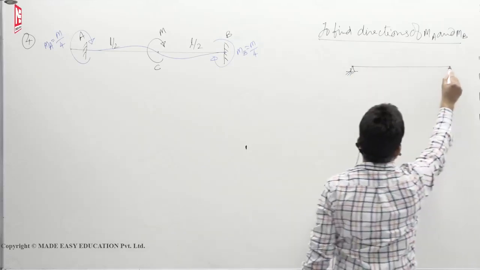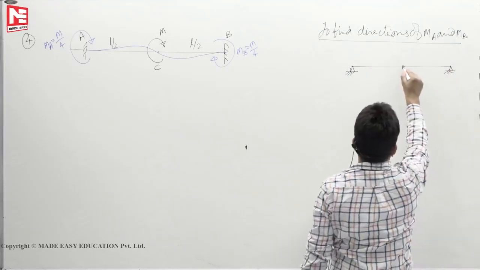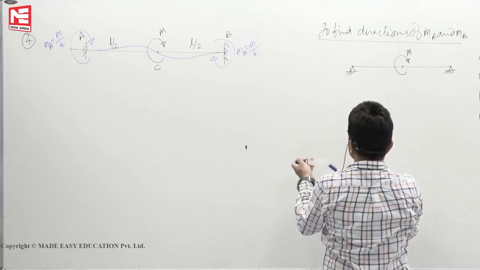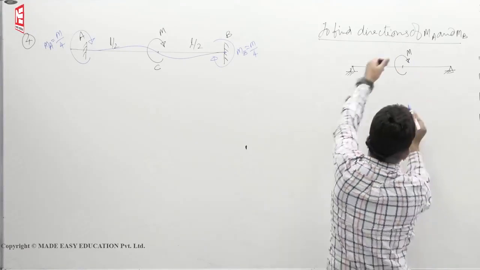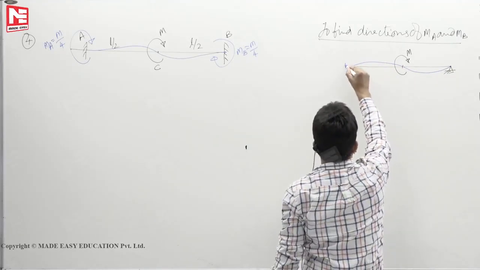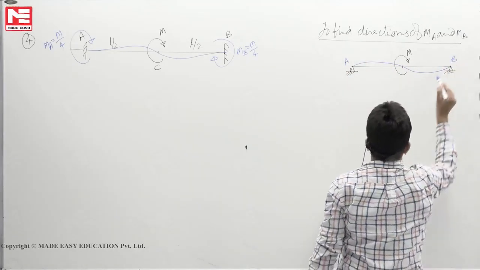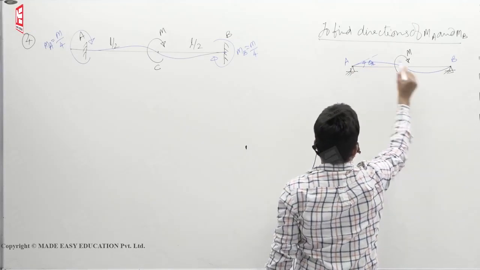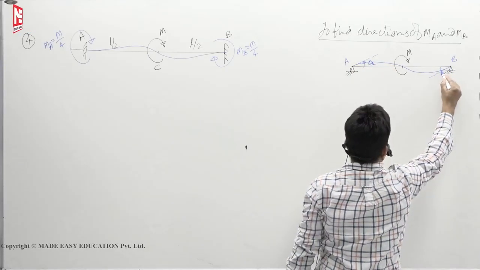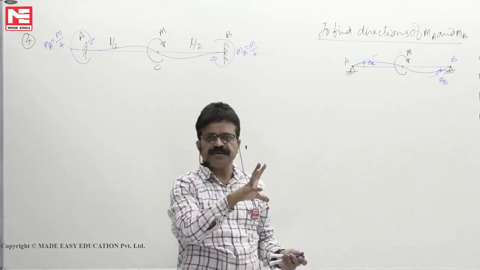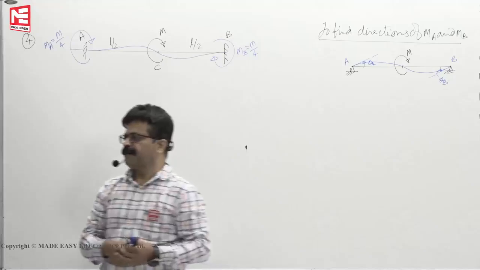Take a simply supported beam, apply the moment M. Then how will it deflect? When I turn it like this, it will deflect like this. This point, let us say A, B. This is theta A. This is the deflected shape of the simply supported beam when a moment M is applied.